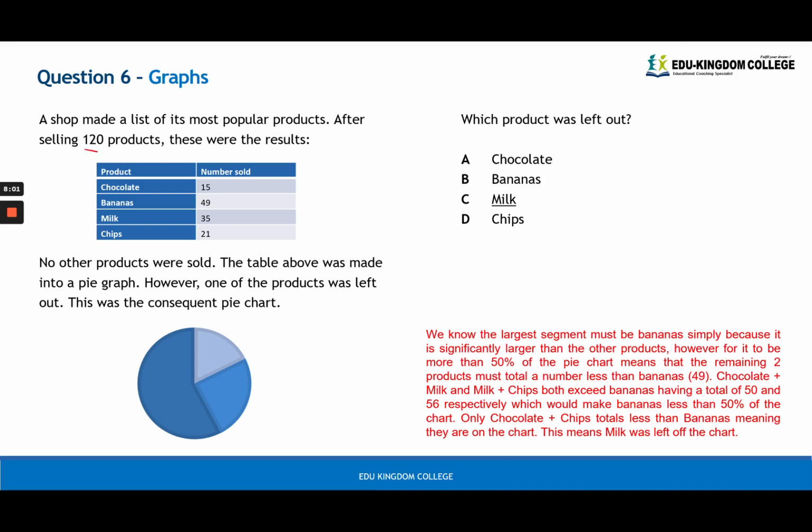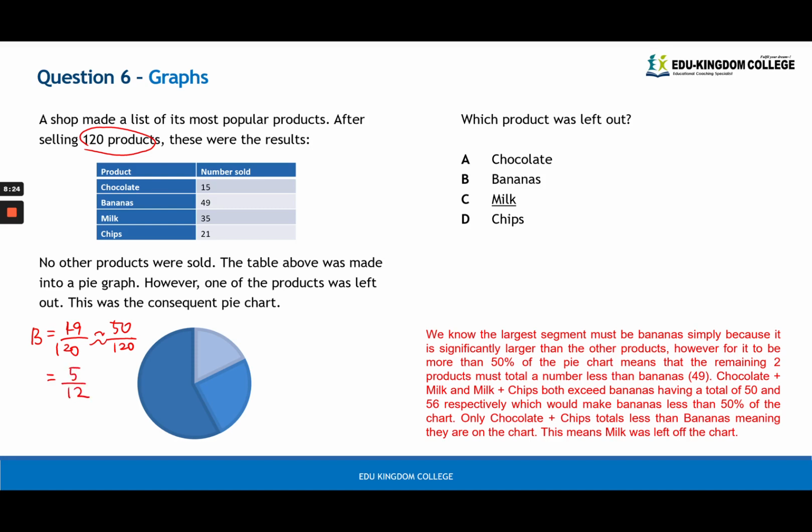So we have to put it over a total of 120 and think about the percentage that it occupies. For example, for bananas, 49 over 120. I want to just say 50 over 120, just because we want an approximate, which is like 5 over 12.